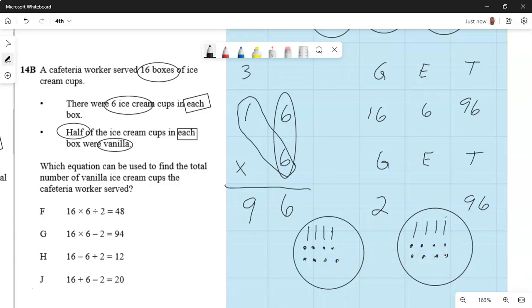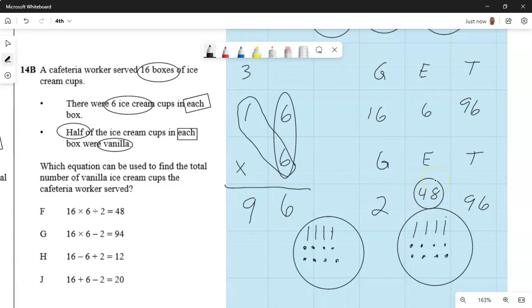So I have it broken down. I've separated the ice cream all into 2 equal groups. I can see there's 10, 20, 30, 40, 41, 42, 43, 44, 45, 46, 47, and 48. So there's 48 cups of ice cream in each group. So that means that 48 of my cups of ice cream are vanilla.